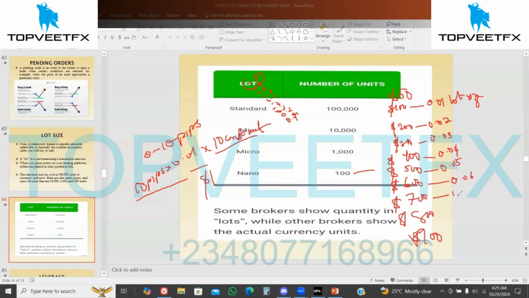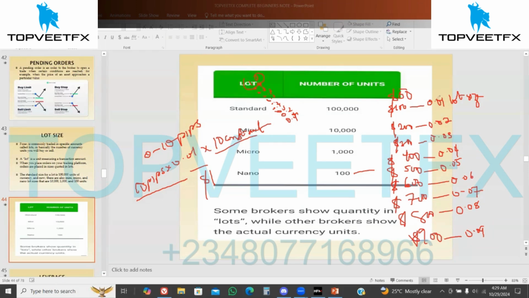On your $700, not more than 0.07. On your $800, not more than 0.08. While on your $900, not more than 0.09. Now, all these are the lot sizes you are supposed to be using on your equity.